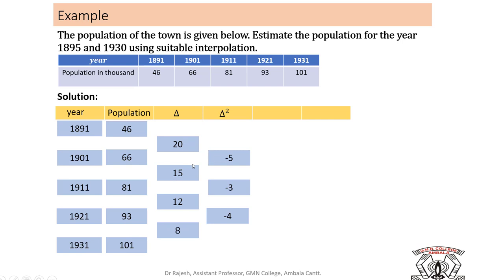Similarly, for this difference: 15 minus 20 is minus 5, 12 minus 15 is minus 3, 8 minus 12 is minus 4.